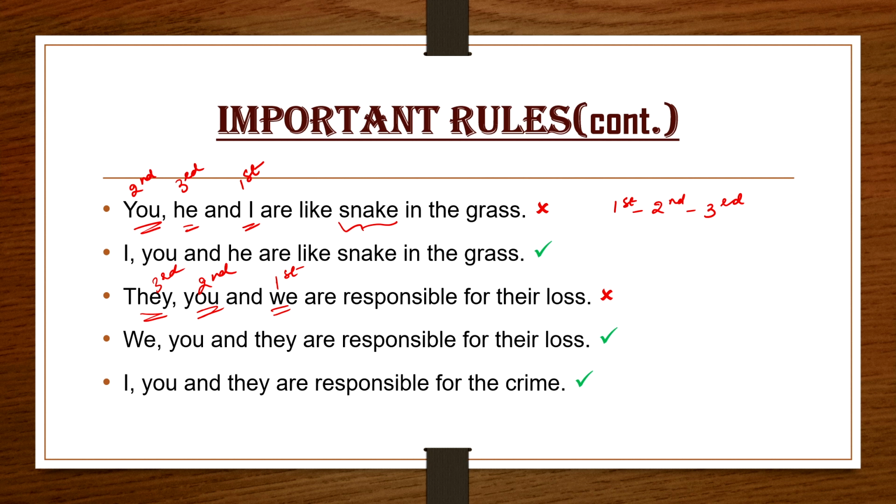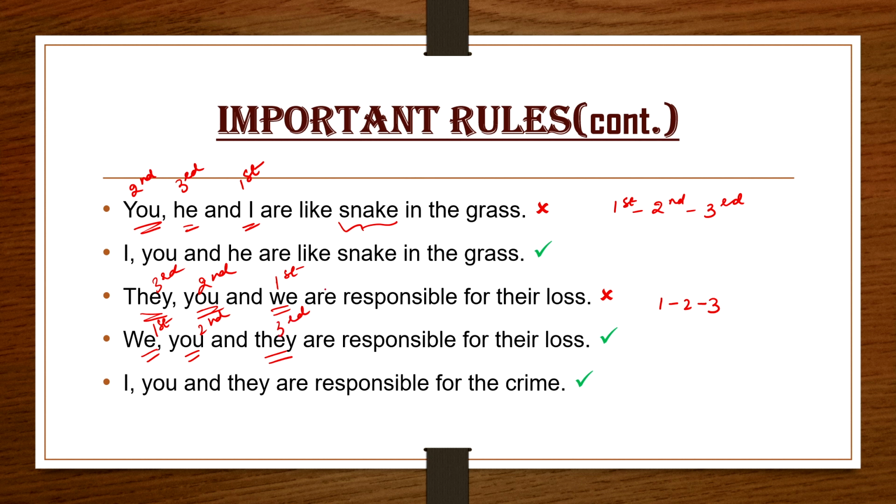So, basically the sentence is portraying mistake and guilt, hence it is in a negative sense. So, the correct sequence will be 1, 2, 3, hence the correct statement will be the first person, which is we, you and they are responsible for their loss. First person, second person and third person.